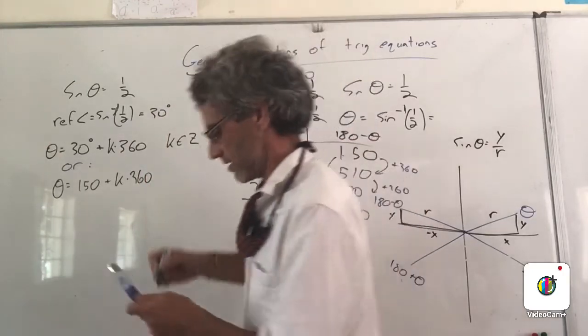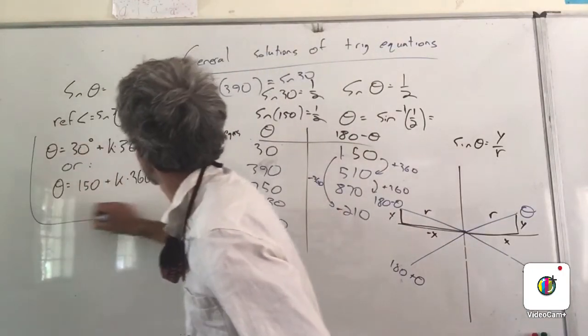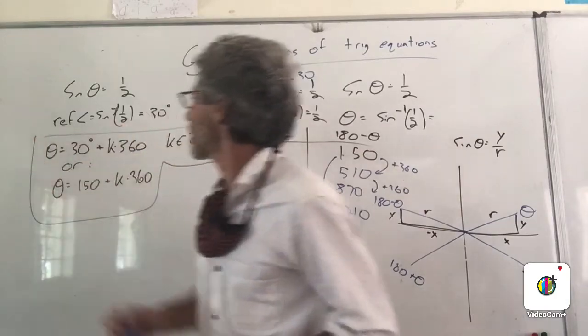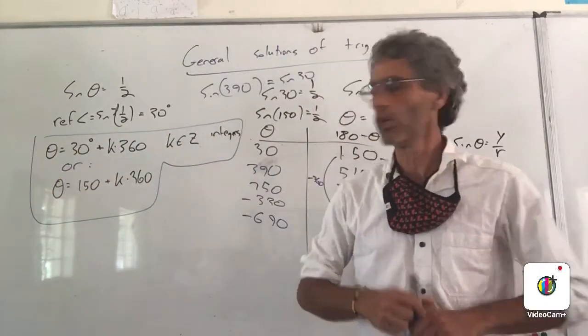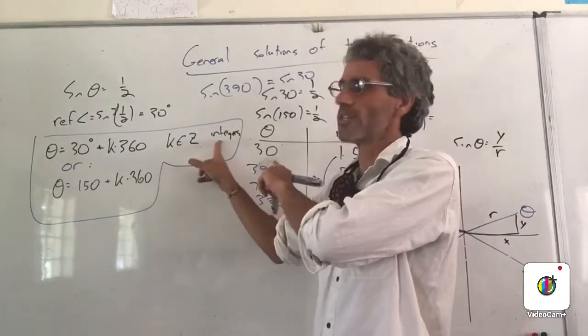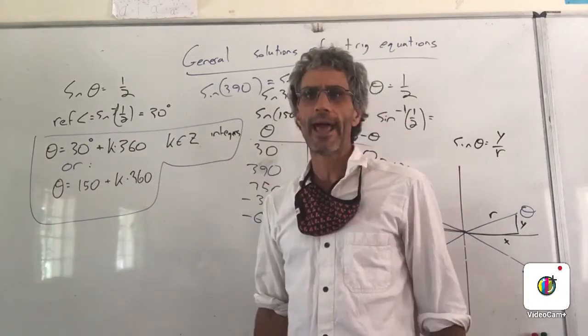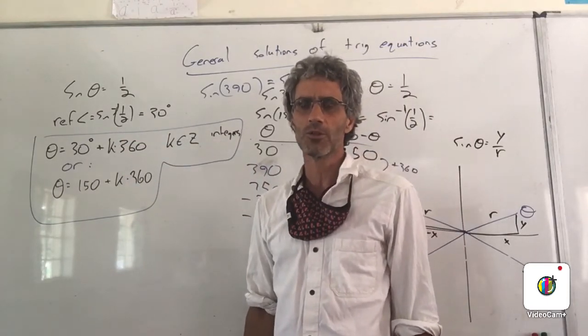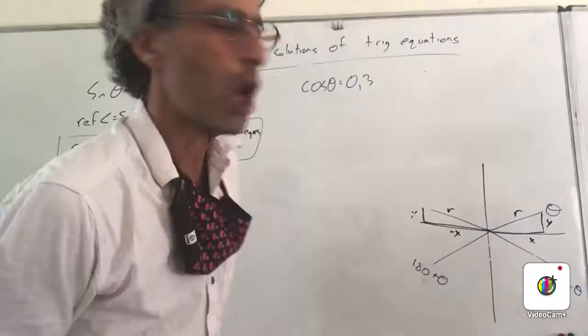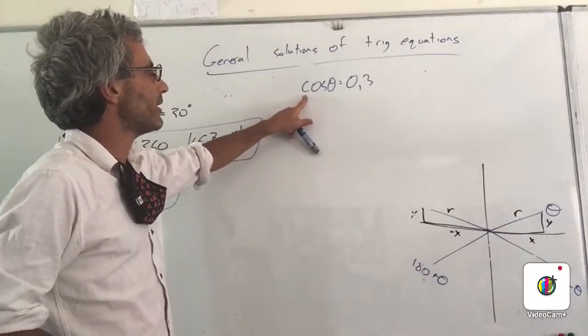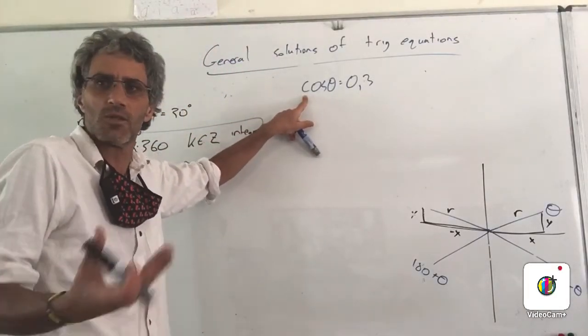So this is the general solution. Put in any k that you want, as long as it's an integer, and you'll get an angle that solves that equation. I'll pause here.